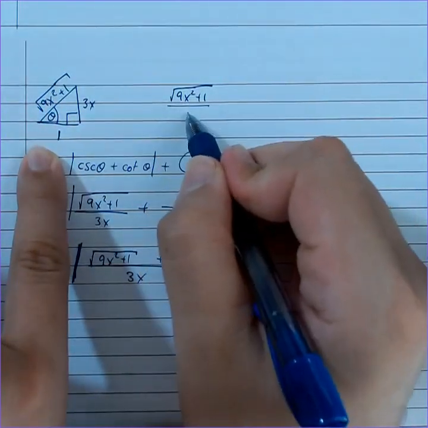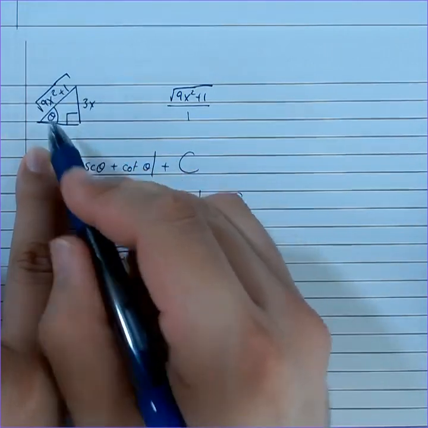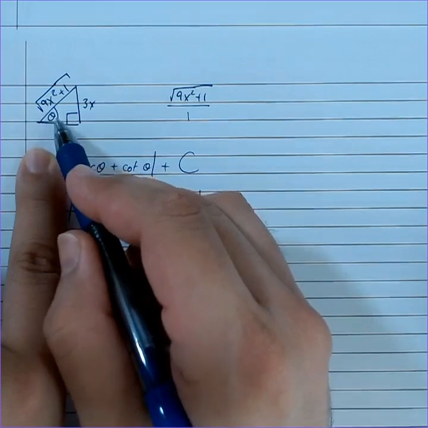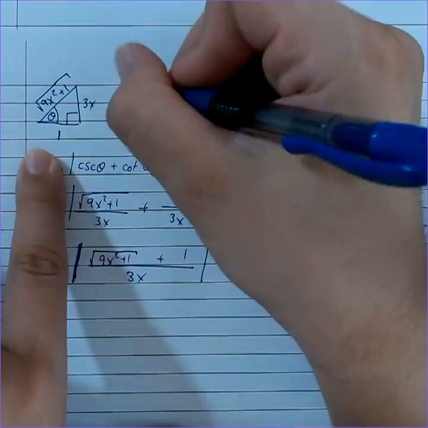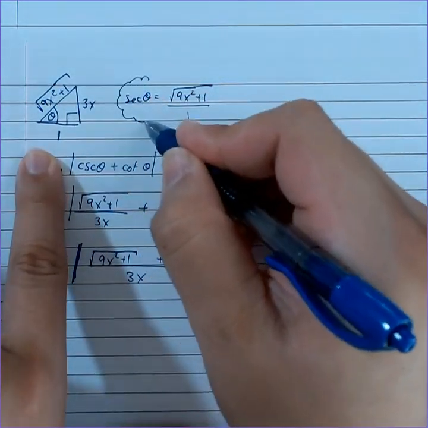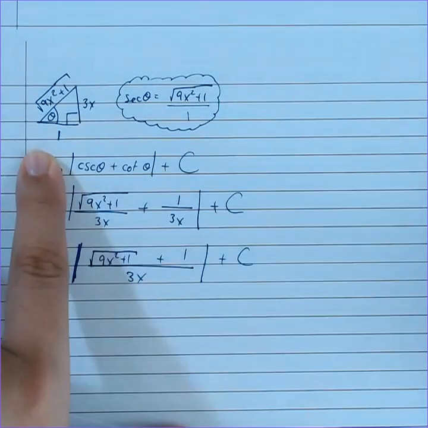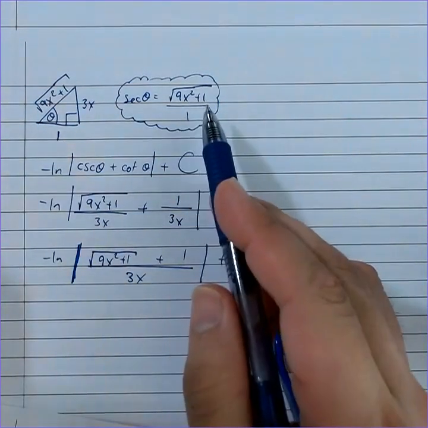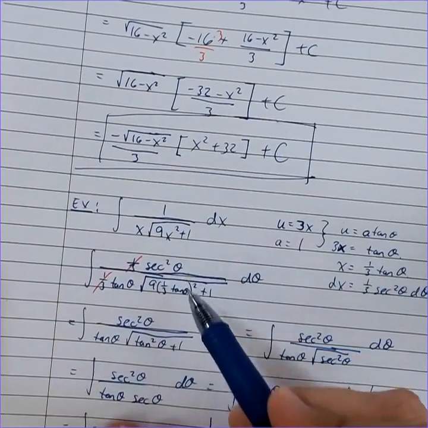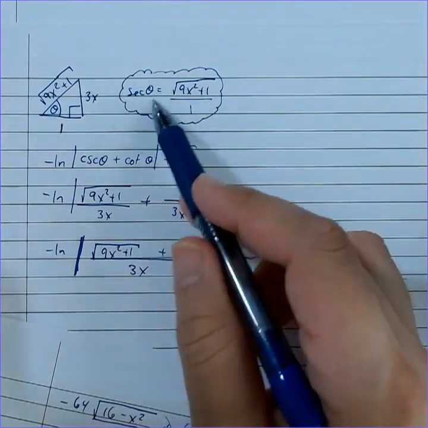Notice if I divide that by 1, that's going to be the hypotenuse divided by the side adjacent to this angle theta. Or in other words, it's going to be the secant of this angle theta. So secant of the angle theta is equal to square root of 9x squared plus 1. Oh yeah, that's what we got. That square root of 9x squared plus 1 eventually became secant of theta.